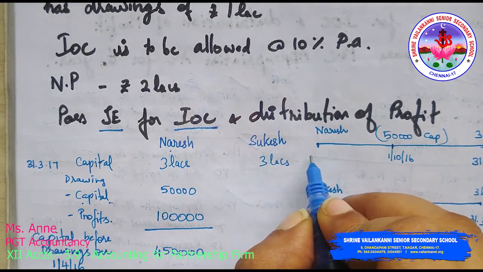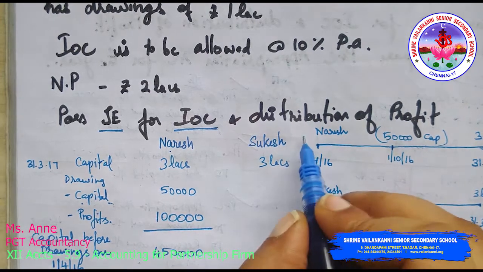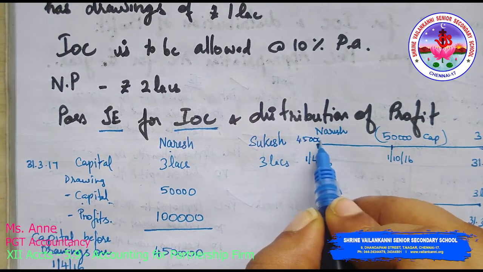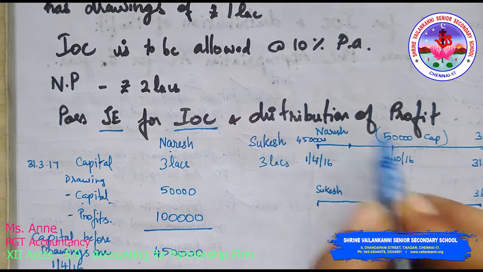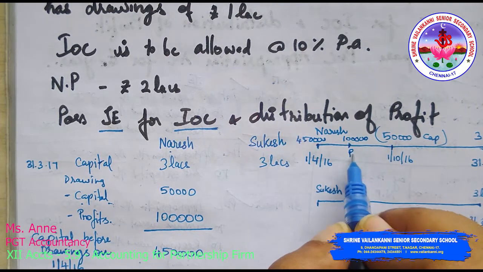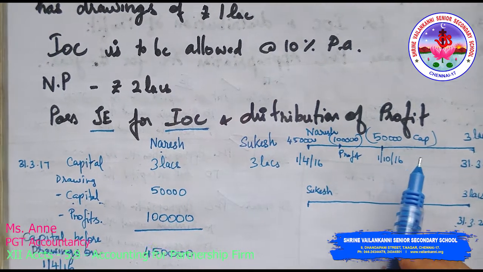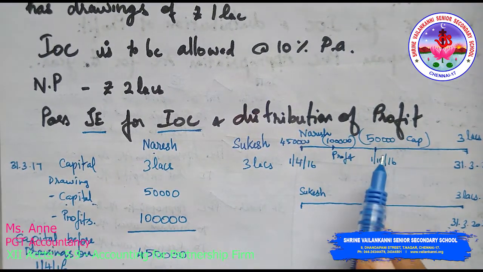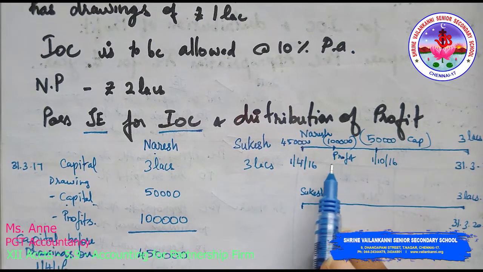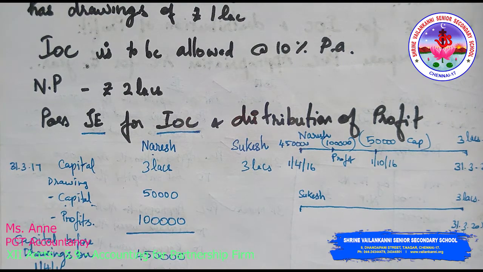At the start of this year, 1/4/2016, Naresh's capital was 4,50,000. Then at some point of time he withdrew rupees 1 lakh, that is out of profit, and he has also withdrawn 50,000 in the form of capital. So he has got 3 lakhs in his capital. You are able to understand this analysis.